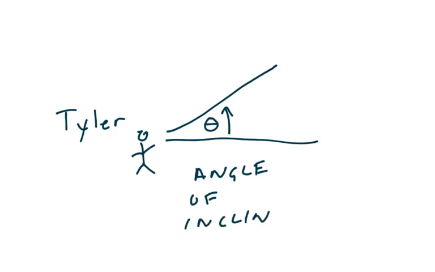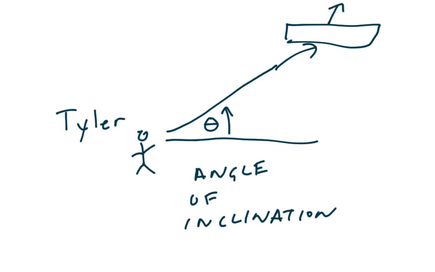Because anything at incline is looking up. That's where they get the name angle of inclination. And he's looking up, it could be she, of course, whoever, at this big steel bar that's being raised up by some crane out of the picture here.